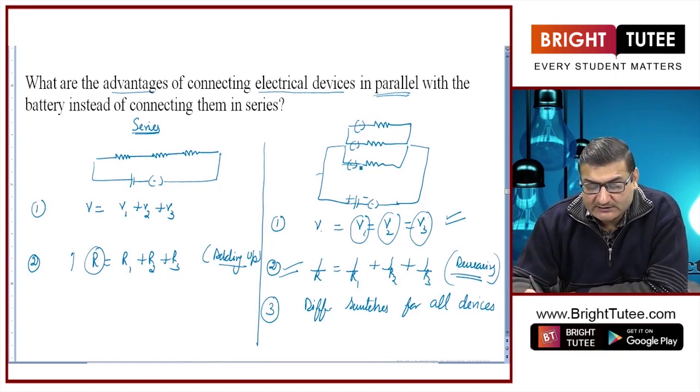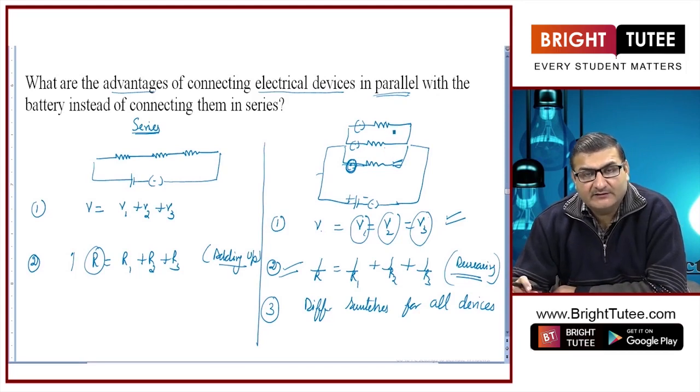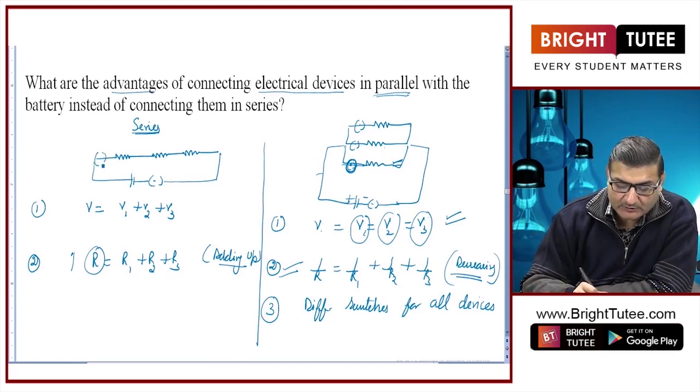If I want this particular appliance to light up, I will just switch on this particular switch, I will plug it in and only this bulb or this appliance will work. The rest of the two, they will be just inactive, they will be off, and this is one major advantage. In series, this is not possible.